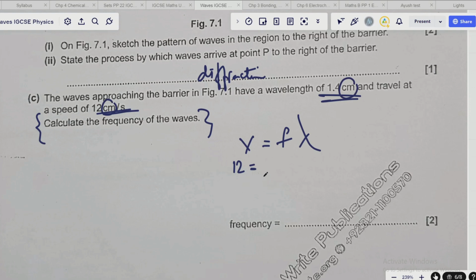So 12 = f × 1.4, where lambda is 1.4. So f will be equal to 12 upon 1.4. What does it give you? Please calculate it and let me know. 8.57 hertz. Got it?